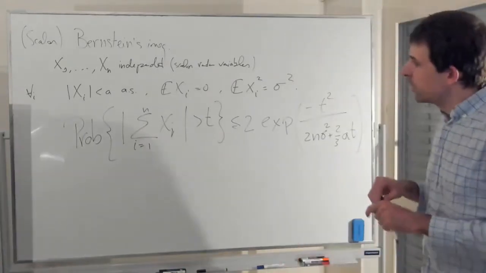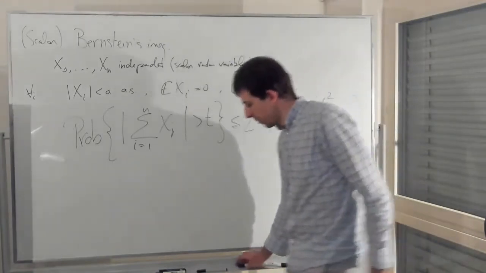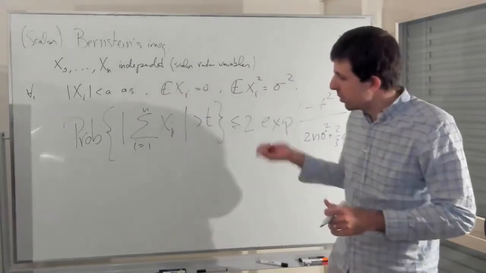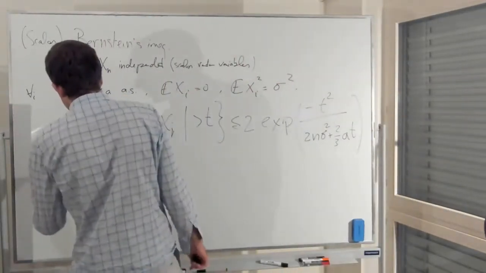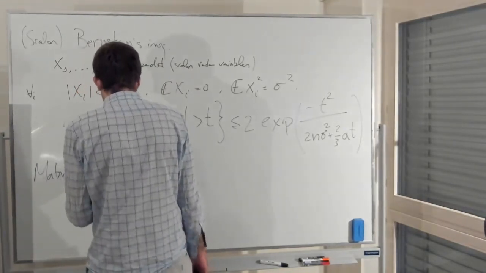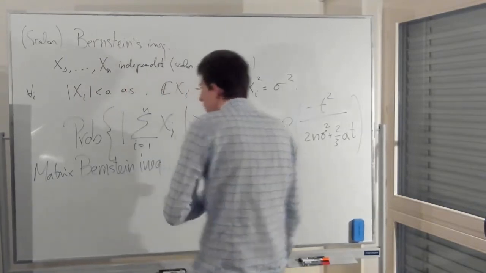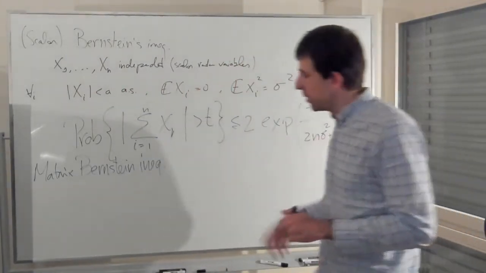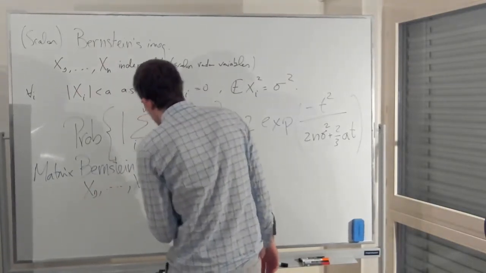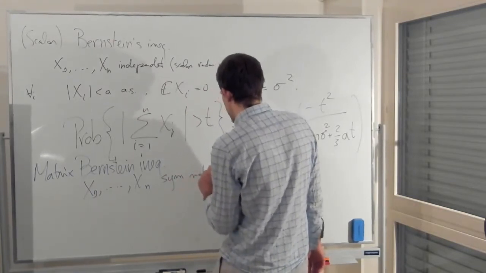Now for matrices, one thing we could do, of course, is... but first, the matrix Bernstein inequality. Our objects will be symmetric matrices: x1 through xn will be symmetric matrices, d by d.